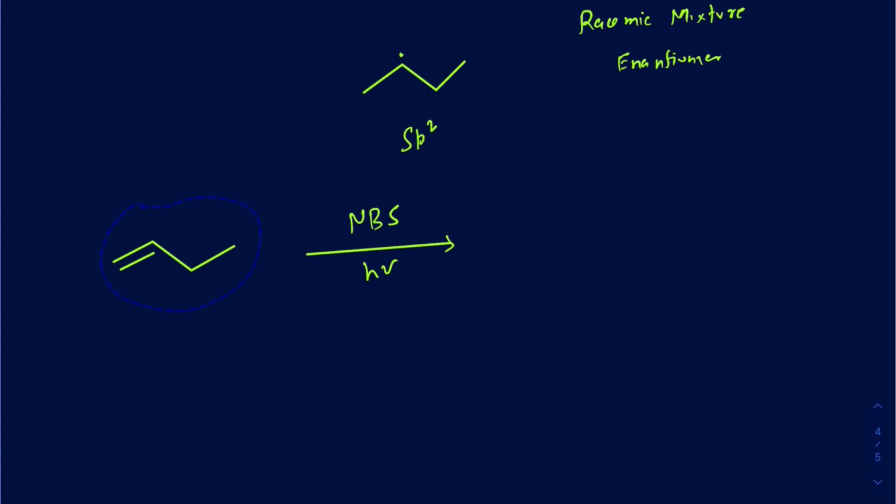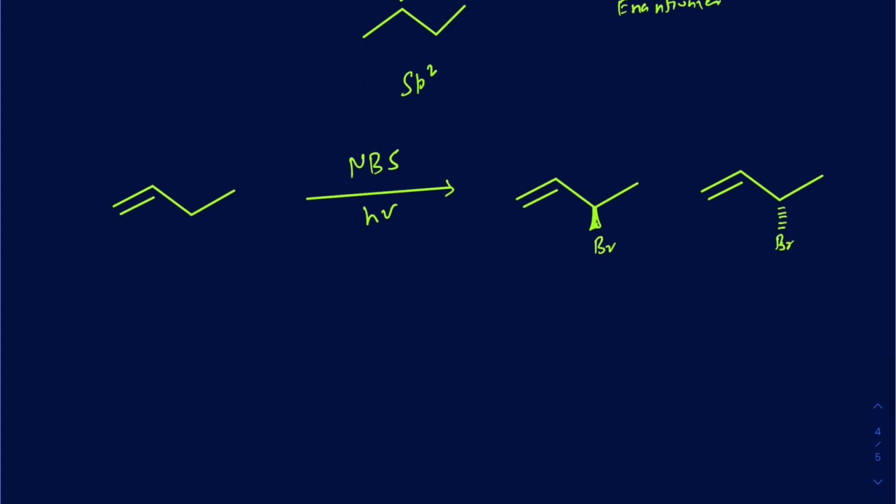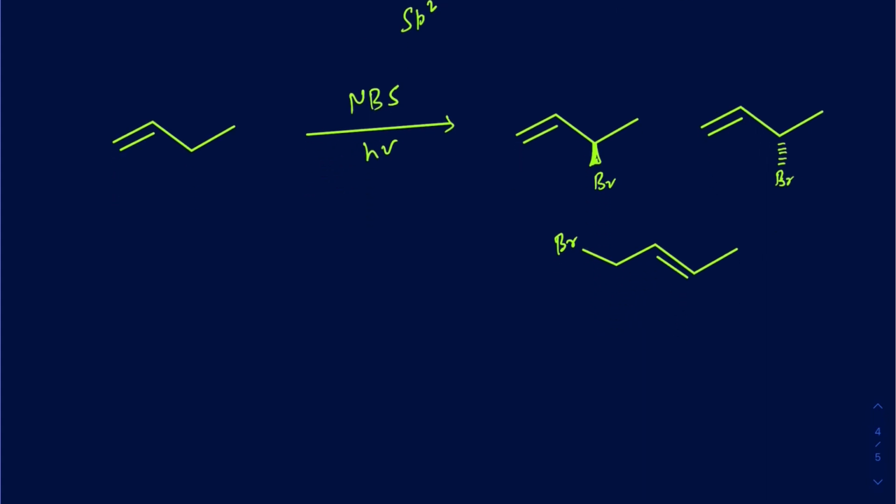And one of the products is going to be where the bromine is in and out of the page right there. Or the other product you can have, when you have this resonance, is where the double bond is going to move onto the new location there. So it's going to move down here, and you're going to have a bromine here. So this one is not going to be your chiral center, so you don't have to worry about drawing this bromine in and out of the page.